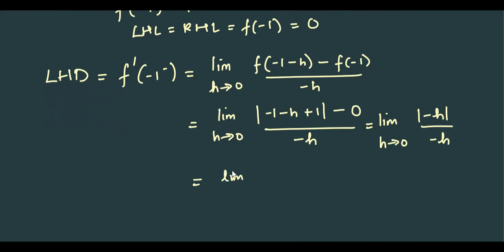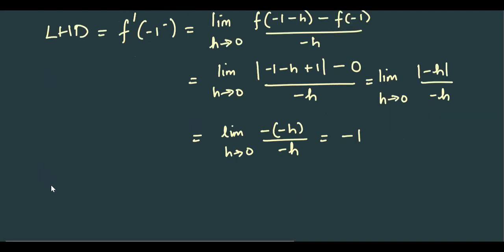Now modulus of minus h is positive h, since minus h is negative; modulus of a negative is minus of that quantity. So we get positive h by negative h. The h gets eliminated, you get minus 1. So left hand derivative is minus 1.